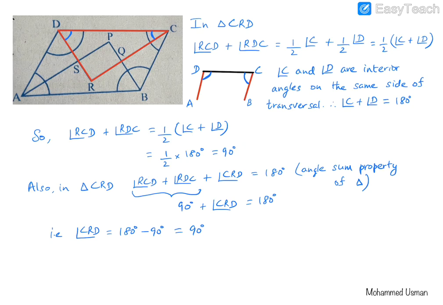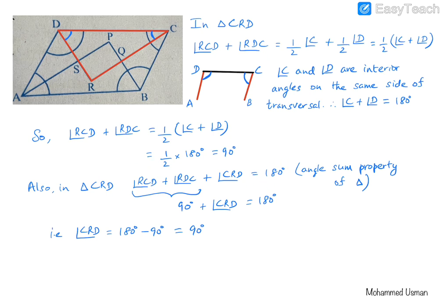Okay, now again we look at the triangle CRD, and we know from the angle sum property of the triangle that the sum of all the three angles should be 180 degrees. So angle RCD plus angle RDC plus angle CRD, which is this angle over here, all these three add up to 180 degrees.